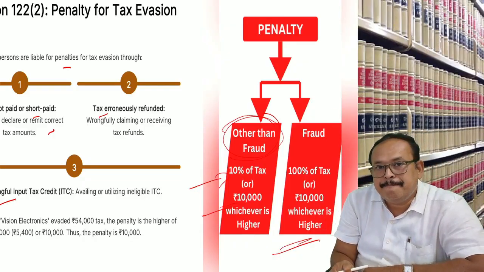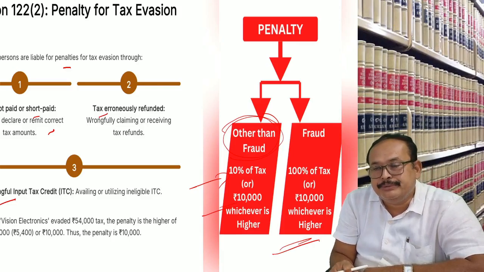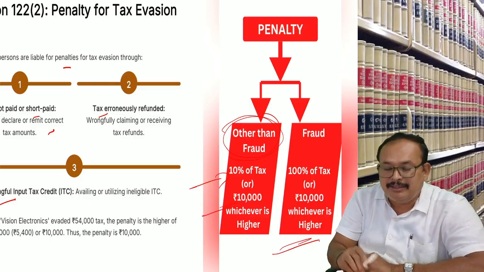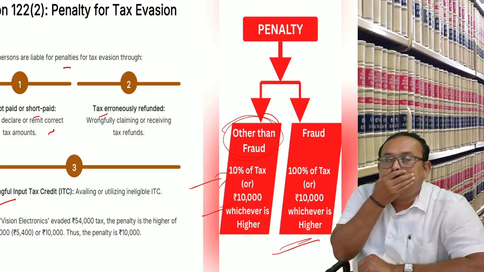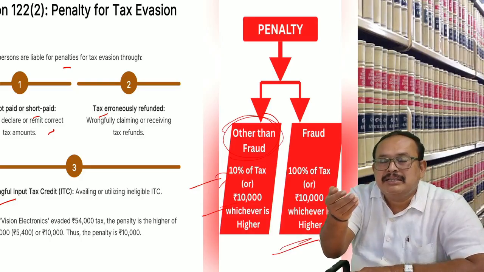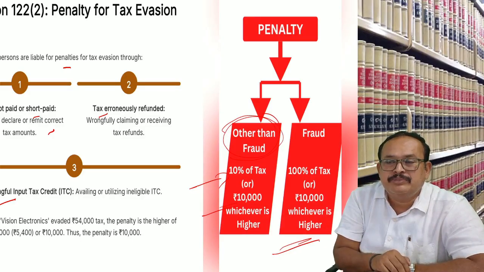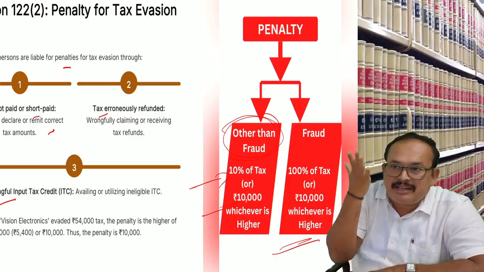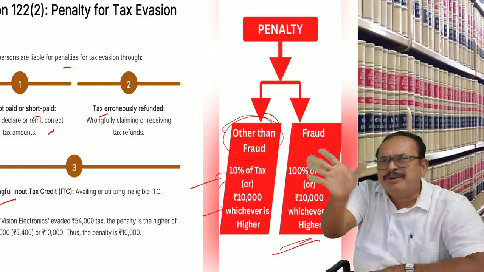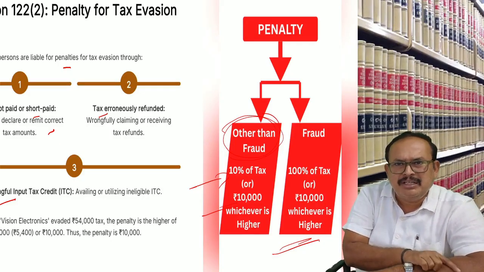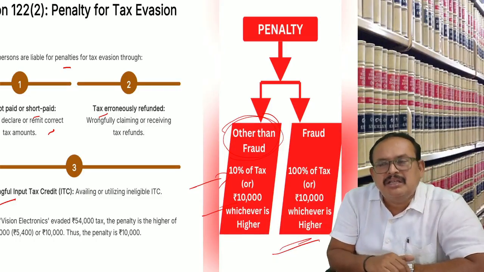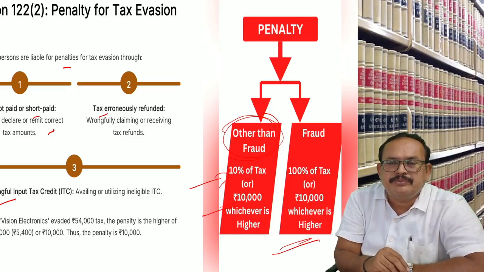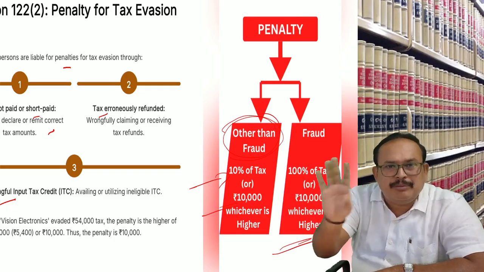Is that clear? I'll tell you, sir. I have supplied the goods, but one invoice I have not reported in the GSTR-1 return. Or I reported all invoices, but when paying the tax, I have not paid the tax on one or two invoices, or the full amount.